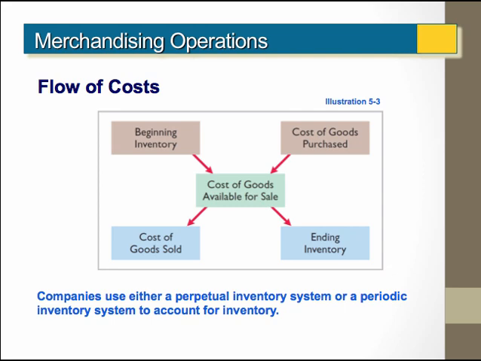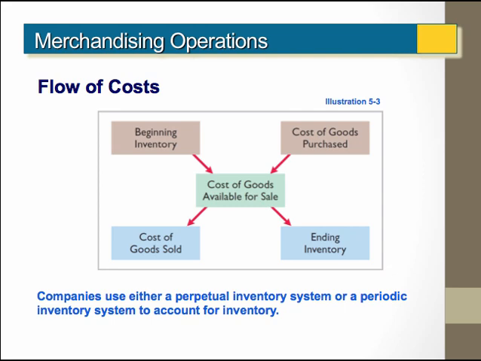Here is a graphic to illustrate the flow of costs in merchandise inventory. You take the beginning inventory and the cost of the new inventory that you've just purchased to receive what we call cost of goods available for sale. The cost of goods available for sale can either be sold as cost of goods sold in the current period, or it'll remain in inventory for next period.